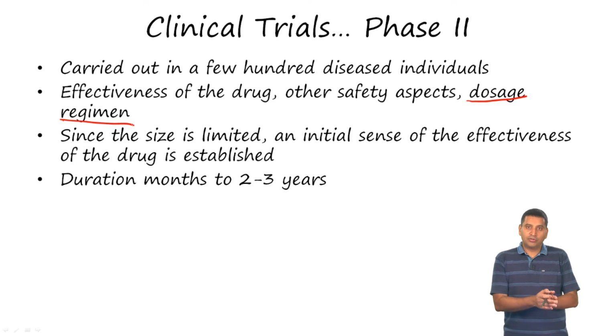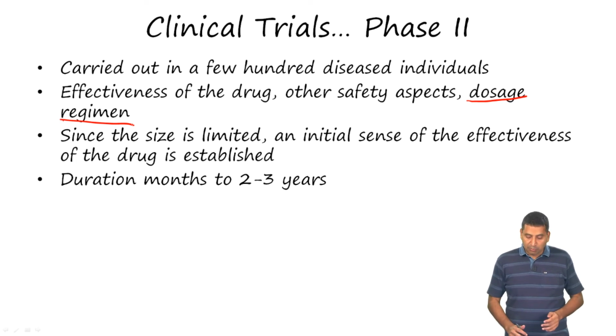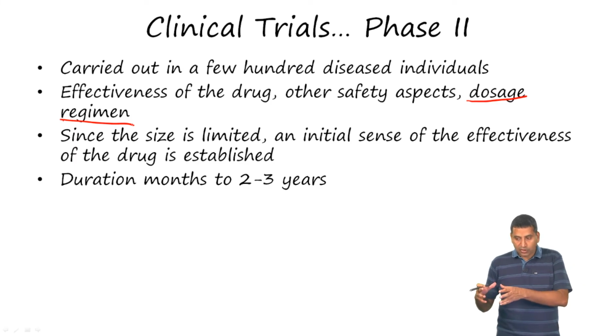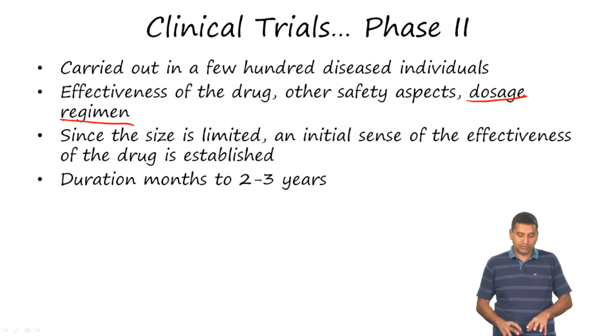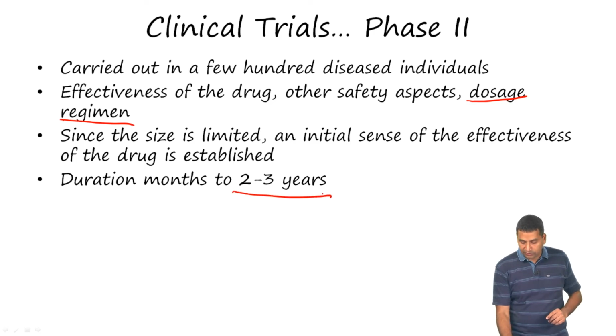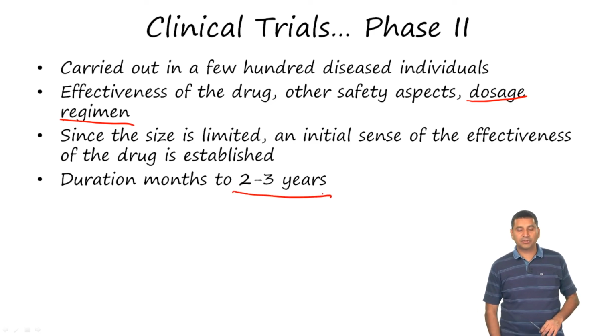But the focus of this study is to find out whether the drug is efficacious or not. But the size of this cohort is only a few hundred people, and therefore, it is not possible to completely study the effectiveness of the drug, but it is very useful to find out whether the drug is efficacious or not at this stage. And this phase lasts for about 2 to 3 years.